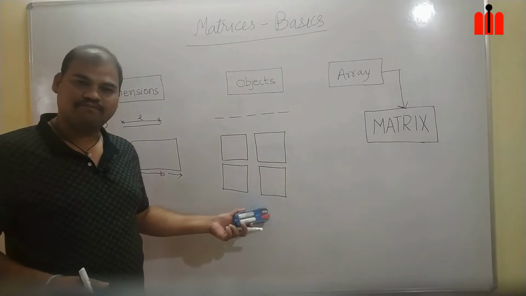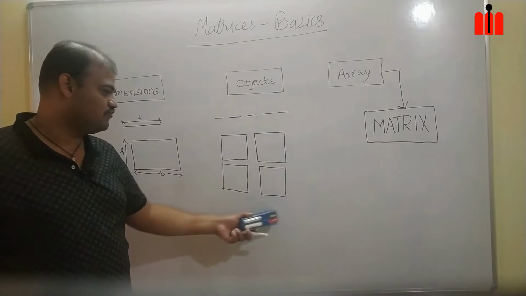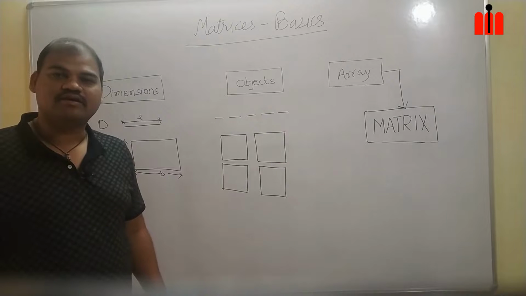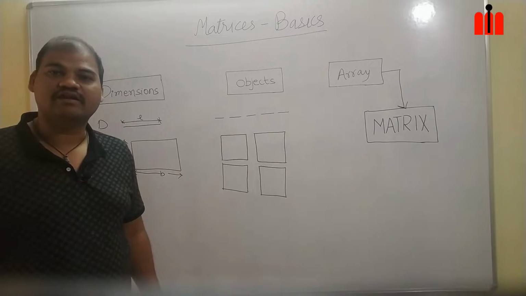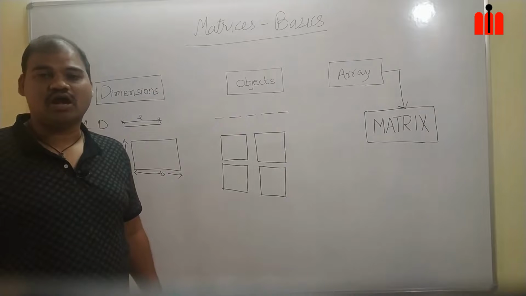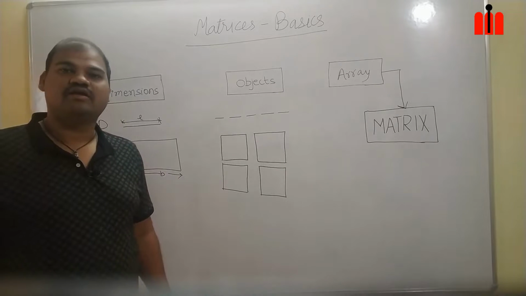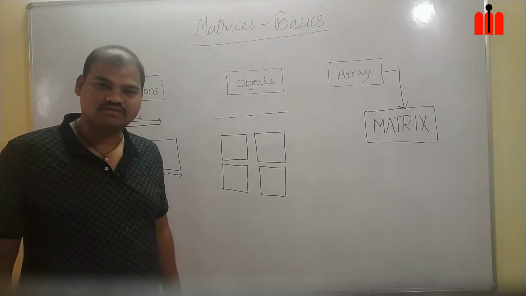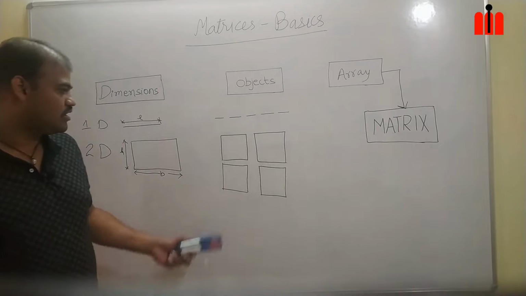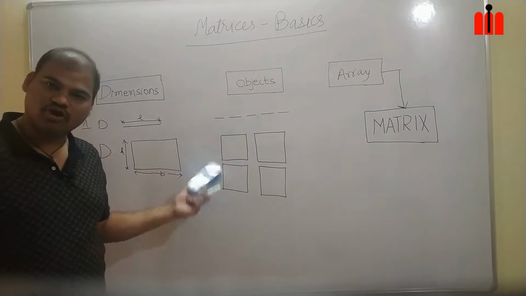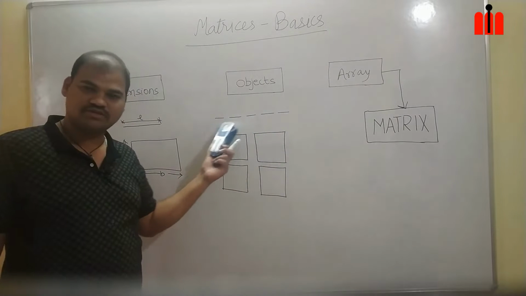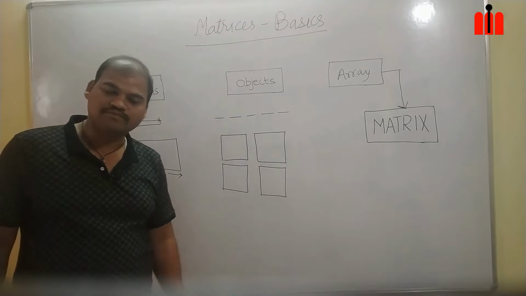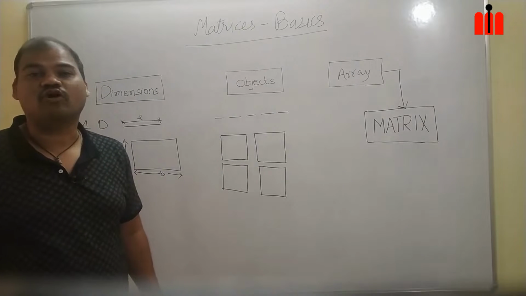I can take the same example of these 4 rectangles, which are organized in an elegant fashion. How can we measure this elegance? This is the number of rows and this is the number of columns. Once we do the product of number of rows and number of columns, we get the number of objects in it.